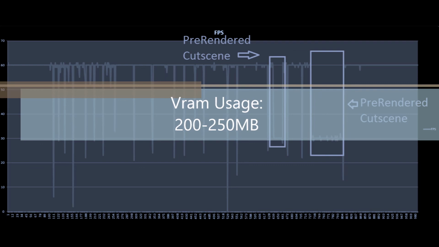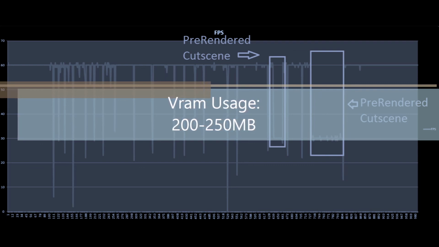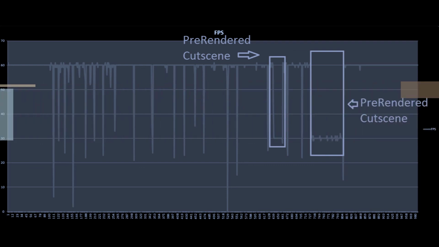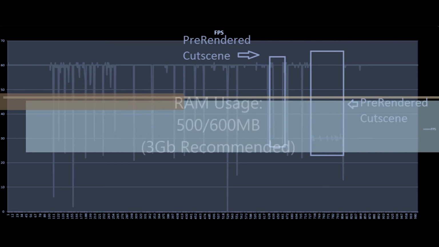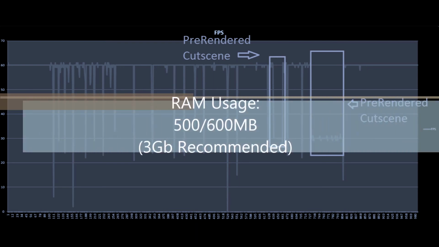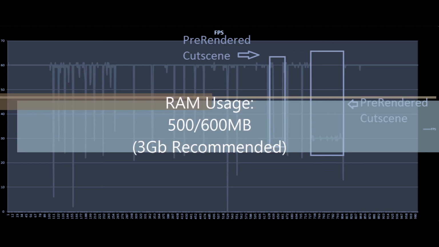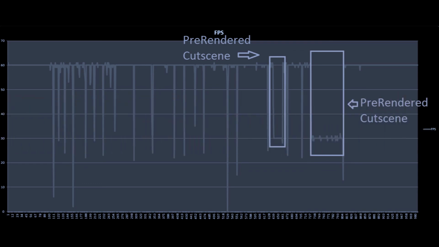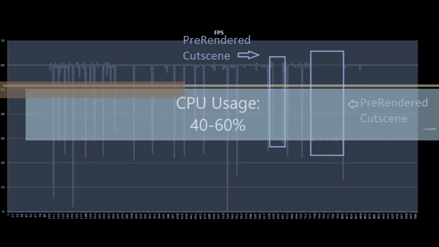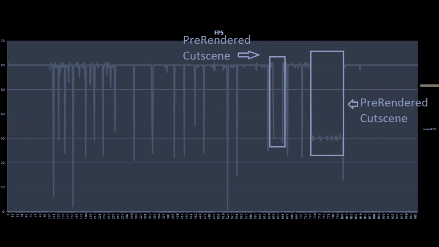About VRAM usage, I have no comments for that. It's just very low. RAM usage is also very low, and 3 gigabytes is recommended in my opinion too. CPU usage: on the total usage of the 4 cores I have 40 to 60%. 2 cores are more like 70 and the other 2 are more like 30s.